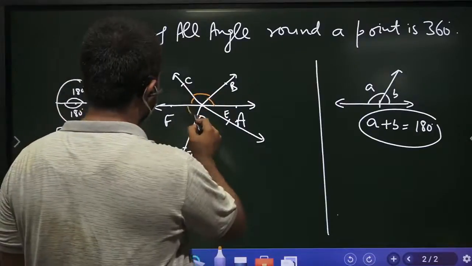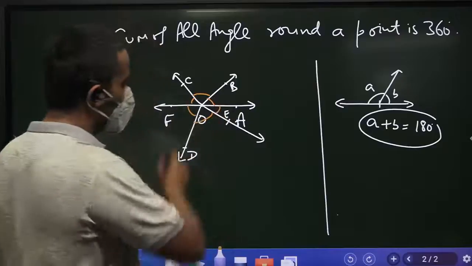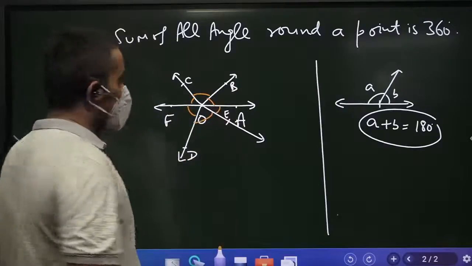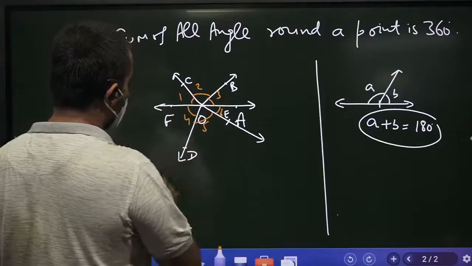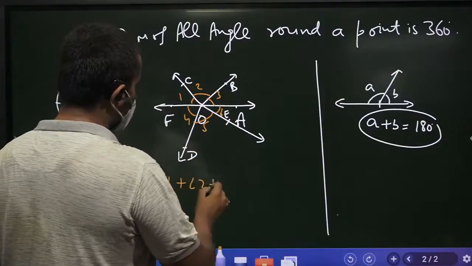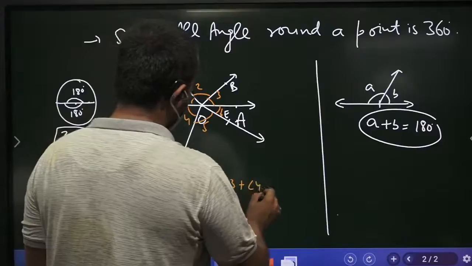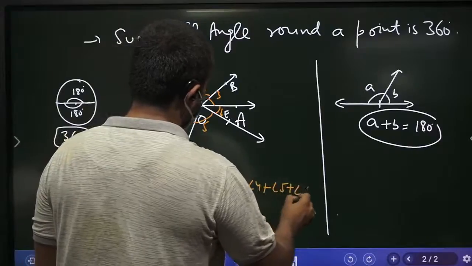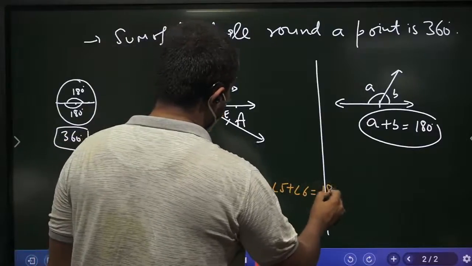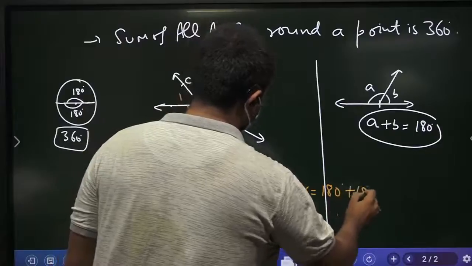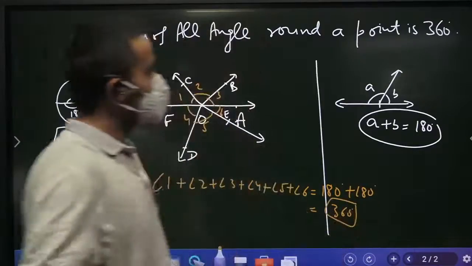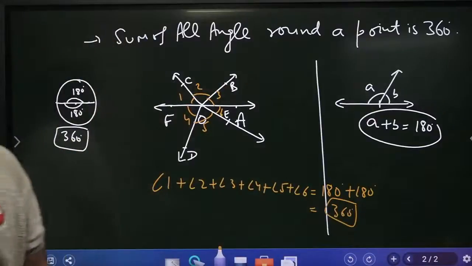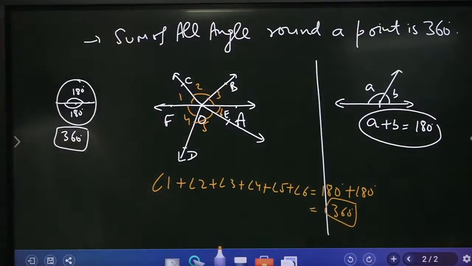Similarly this and this will also be 180. If you add angles 1, 2, 3, 4, 5, 6, by the property of linear pair it will become, sorry, 360, since 180 plus 180 is 360. So from linear pair we further get to know that the sum of angles round a point will be 360.